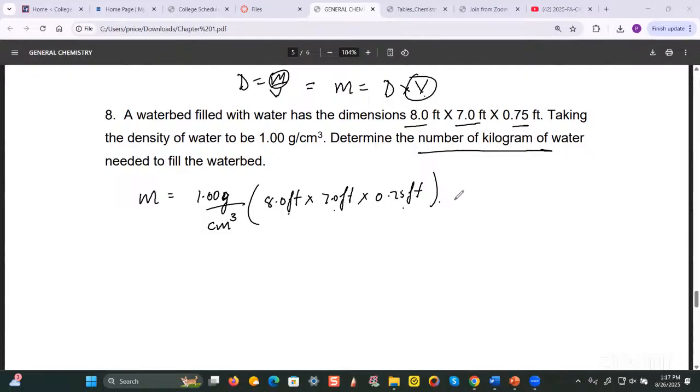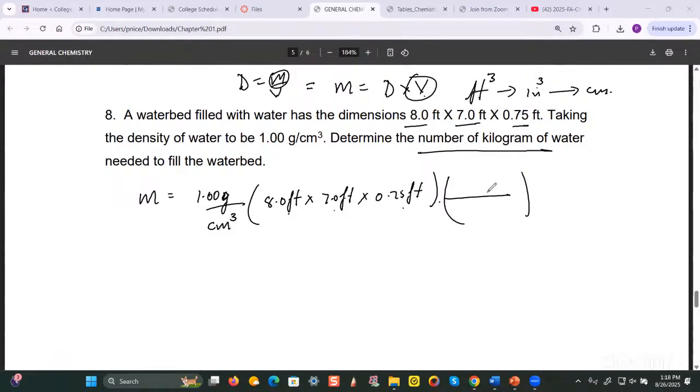Okay, so let's deal with converting from feet cubed to centimeters cubed. We know that we can go from feet to inches to centimeters. We know that there are 12 inches in 1 foot, and that there are 2.54 centimeters in 1 inch. So this is how we're going to deal with converting from feet cubed to inches cubed, because foot times foot times foot gives you feet cubed.